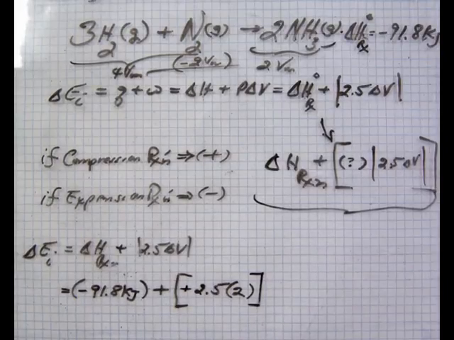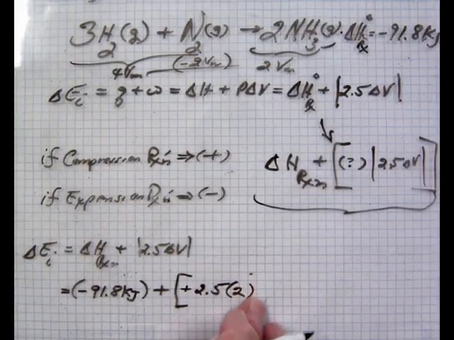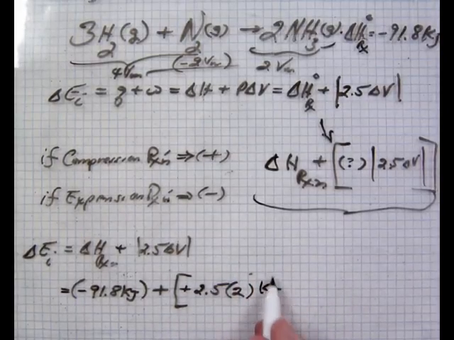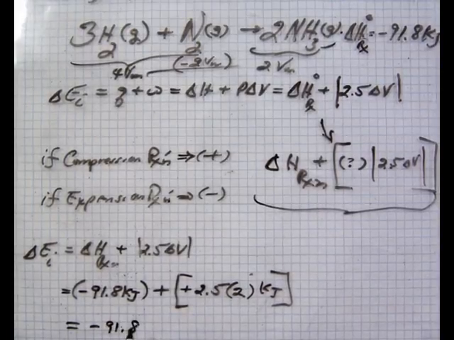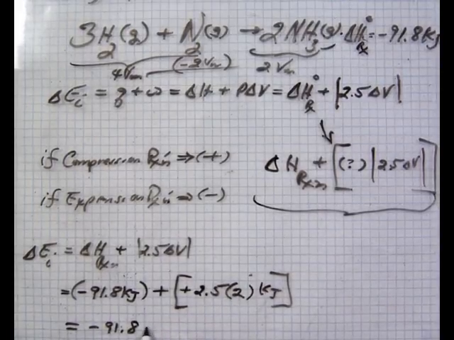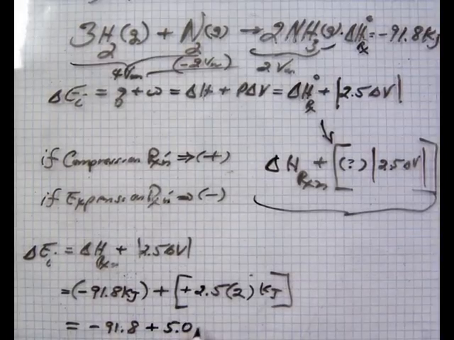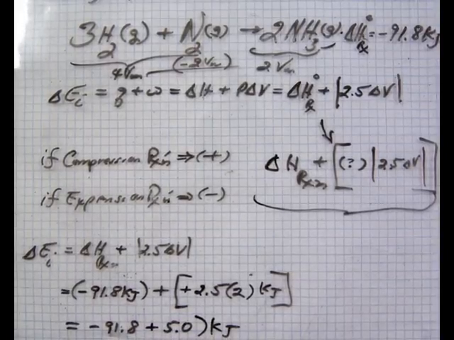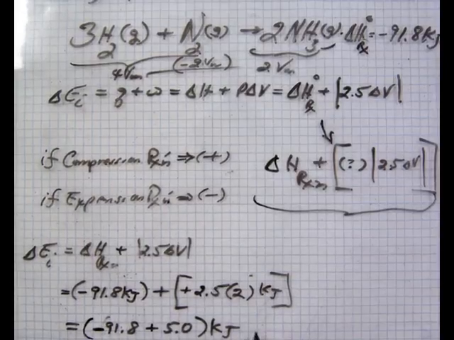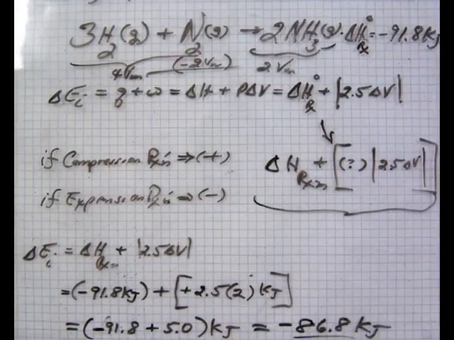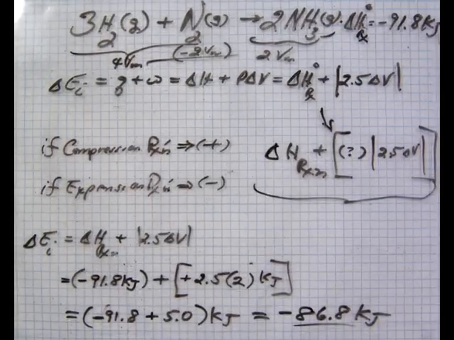This will come out in kilojoules. So this is minus 91.8 plus 5.0 kilojoules, which comes out to minus 86.8 kilojoules net change in internal energy.